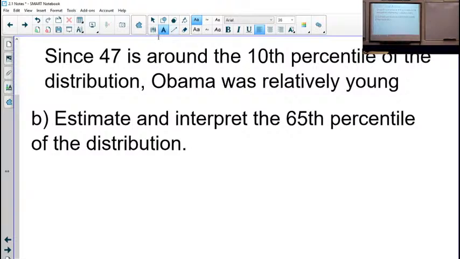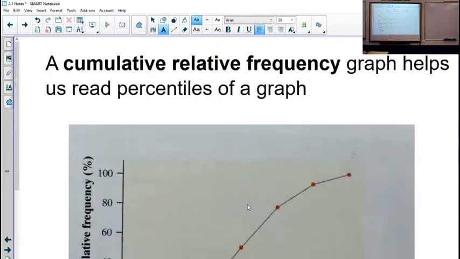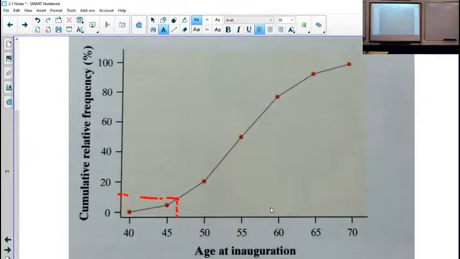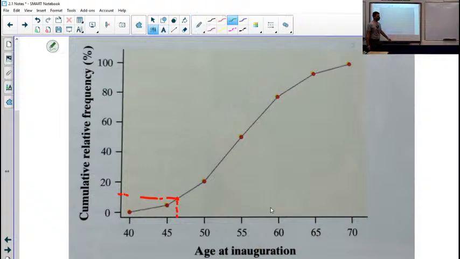65th percentile. Now we look on the y-axis, because that tells me the percentiles, the relative frequency that we're tallying up of what we have so far. So here's 80, so that's 70. Here's 65.